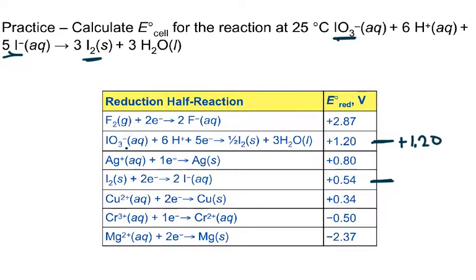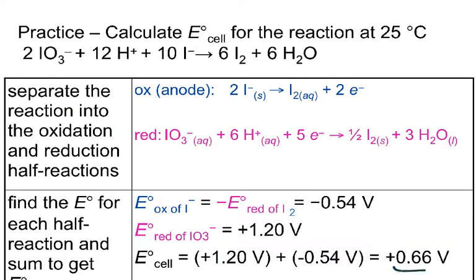We want the oxidation for that, so we're going to have negative 0.54. So if I take 1.20 plus negative 0.54, I'm going to get an answer of positive 0.66 volts. And you can see that's the answer there.